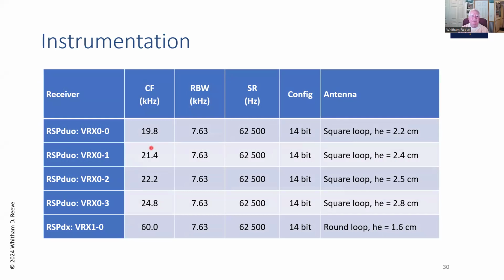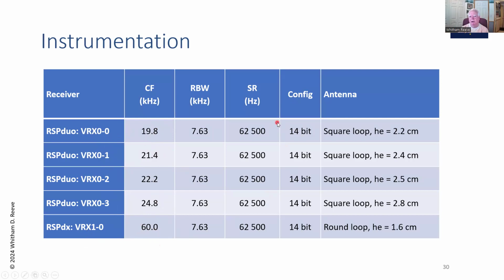The receivers that I use are shown here and some of the characteristics of them. I used an RSP Duo, which is made by SDRplay, and I set up 4 virtual receivers, 0 through 3, and those were used to monitor the VLF communication stations. And then I used an RSP-DX to monitor WWVB in Colorado.